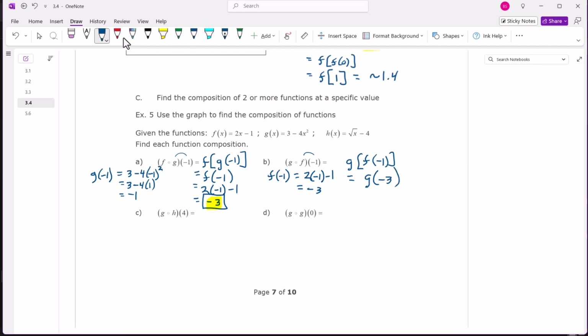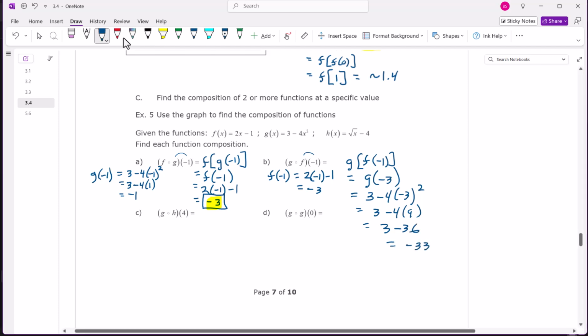Now find the function g, 3 minus 4x squared, and evaluate that. So do 3 minus 4 times parentheses negative 3 squared, and then follow order of operations. This would be 3 minus 4 times 9. That's 3 minus 36. So the answer on that is going to be negative 33.